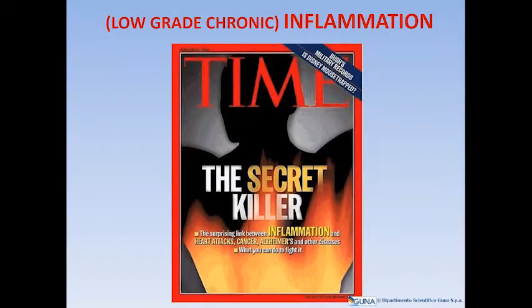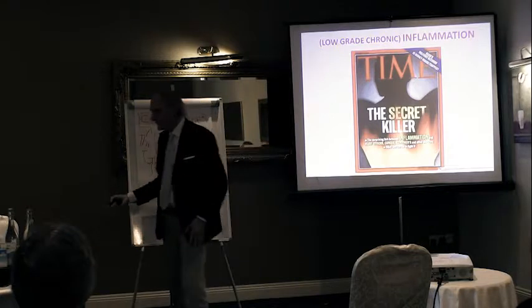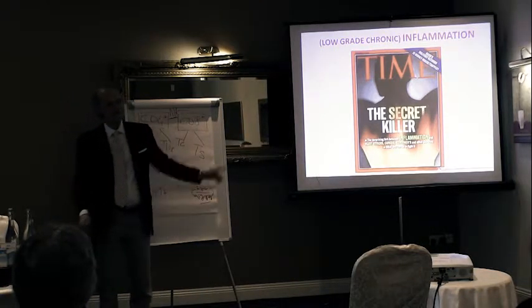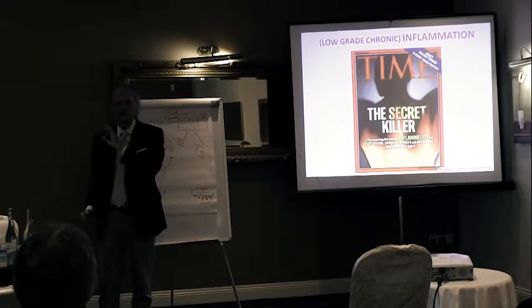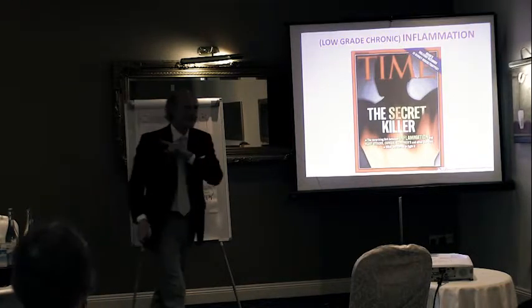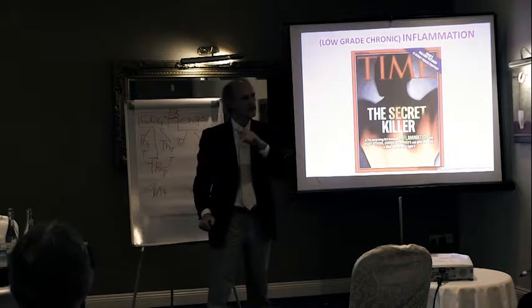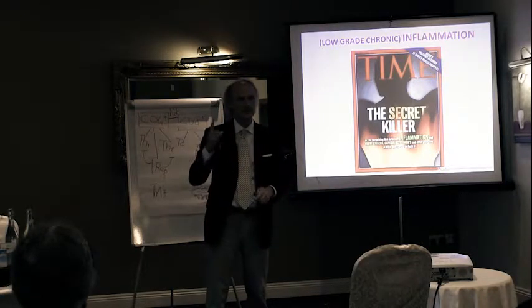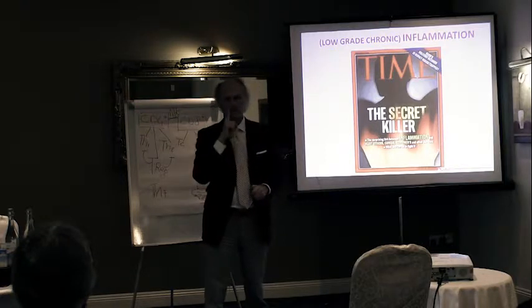This is the cover of Time, 2004. I mean, it's not something we are telling only now: the secret killer. The problem is that till now, for instance in Ireland maybe, we didn't have a solution for low-grade chronic systemic inflammation, because dramatically we chronically use NSAIDs that have been developed for the treatment of acute inflammation.